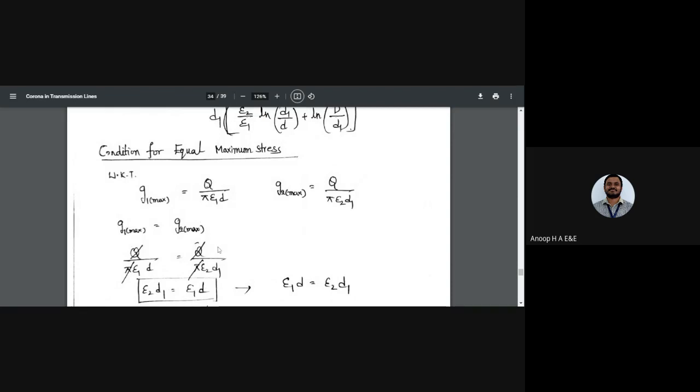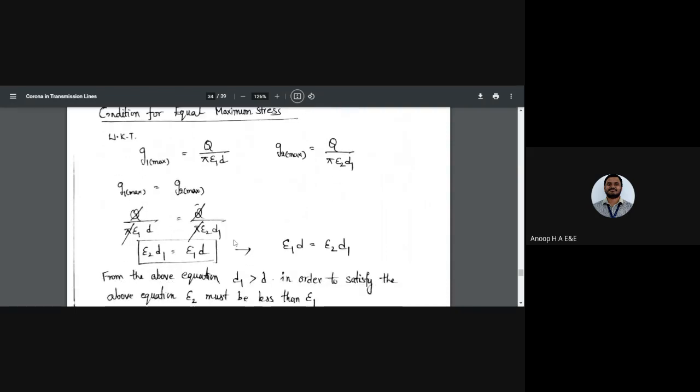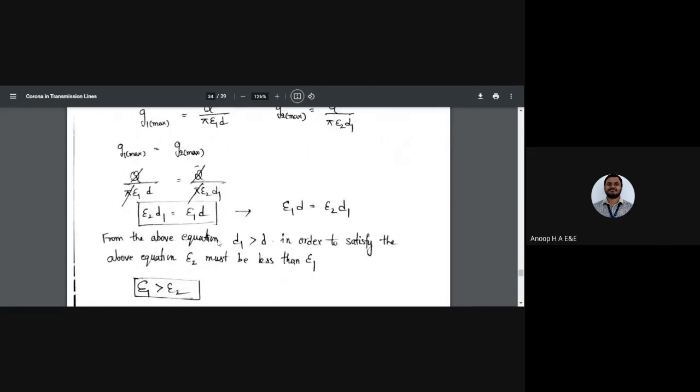G1 max equals Q divided by pi epsilon 1 into d, and G2 max equals Q divided by pi epsilon 2 into d1. If I equate both, epsilon 1 into d will be equal to epsilon 2 into d1. Okay, so which of the diameters is more?